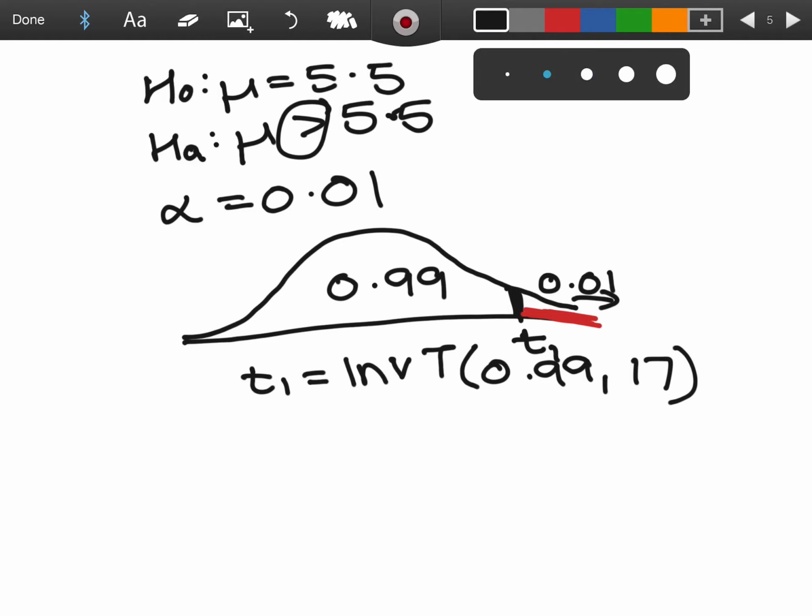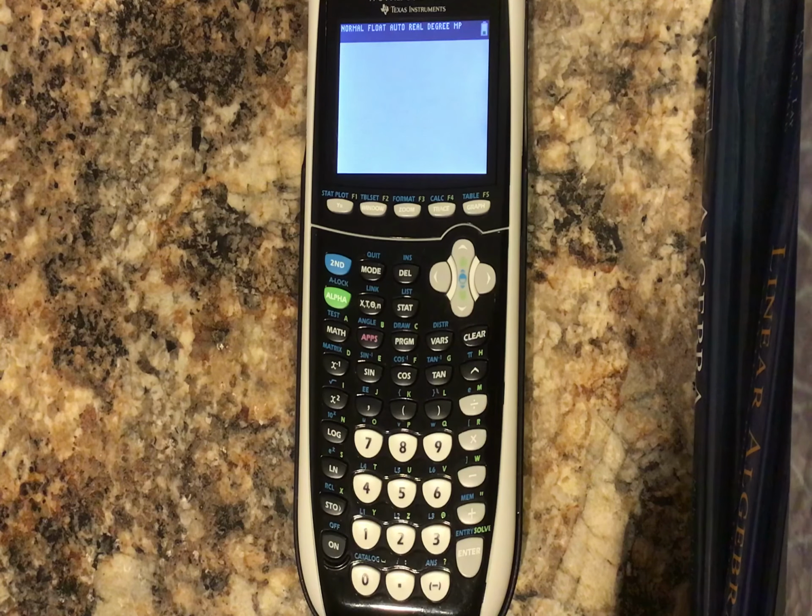But as always, there is a shorter way of doing it, which is on your calculator using t-test. So when we did a z-test, we knew what our population standard deviation was. This time we only know our sample standard deviation. So in a very similar way, like I said before, when we deal with confidence intervals, when you know your sample standard deviation instead of your population standard deviation, we know we're dealing with t-values.